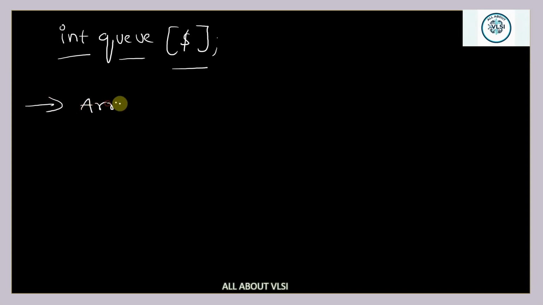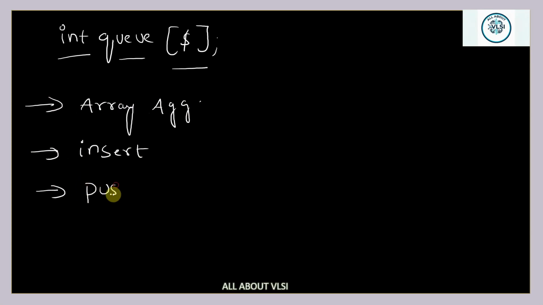Again, we have the array aggregate method which we can use for entering the elements into the queue, or else we can use built-in functions like insert, or another function which is push underscore front and push underscore back.